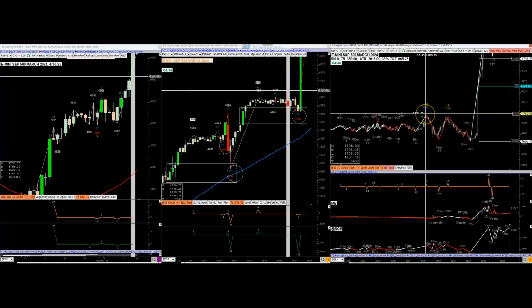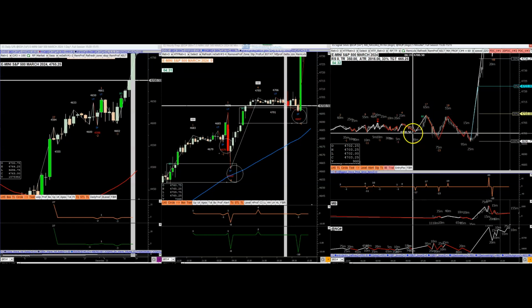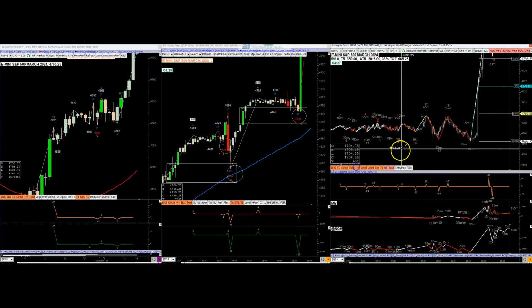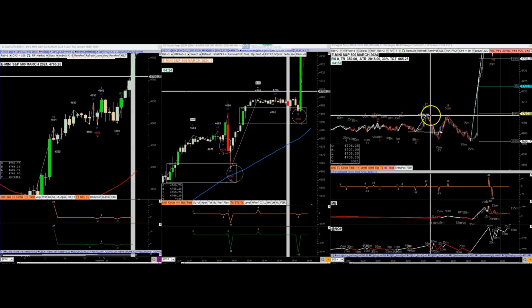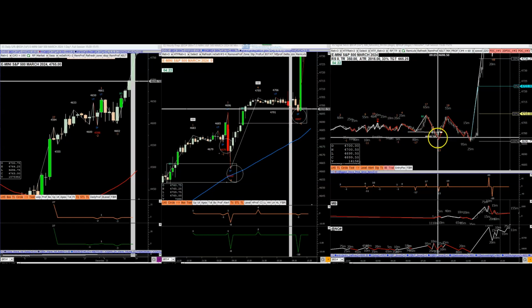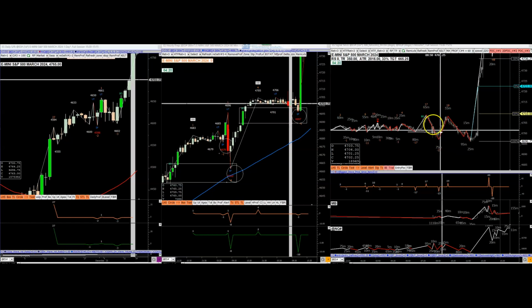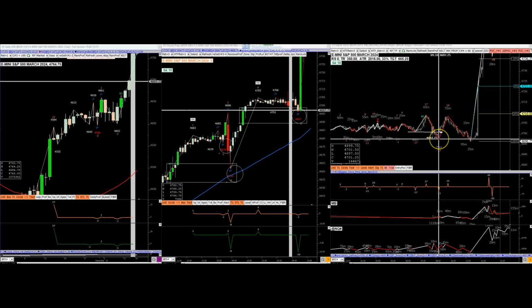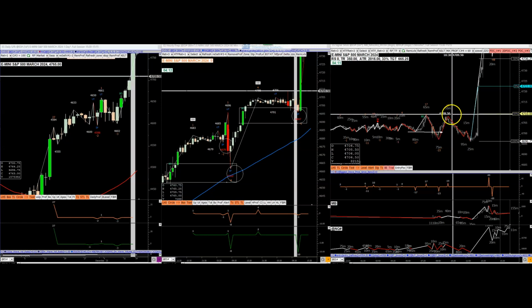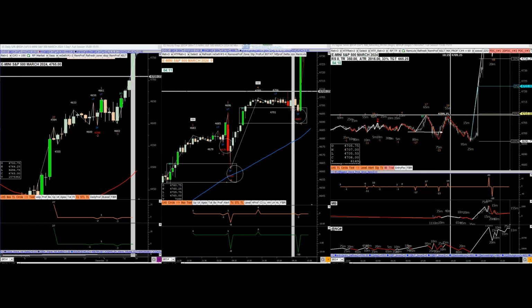Now look at what it did when it pulled back here. It hit the spring of this low. Now, if this was genuine selling, guess what? You wouldn't have a rally, which is the biggest rally in 19 waves. No way.